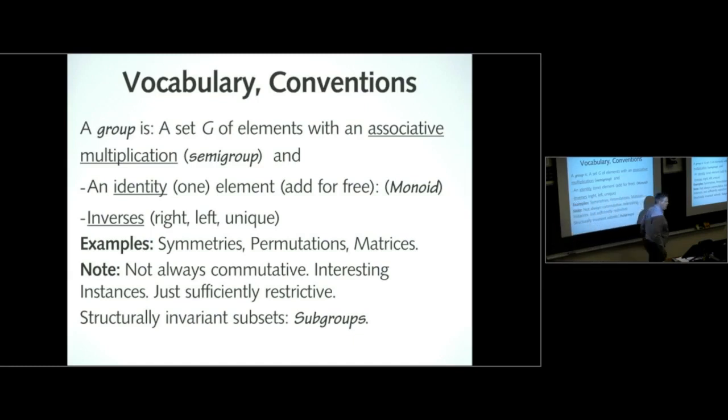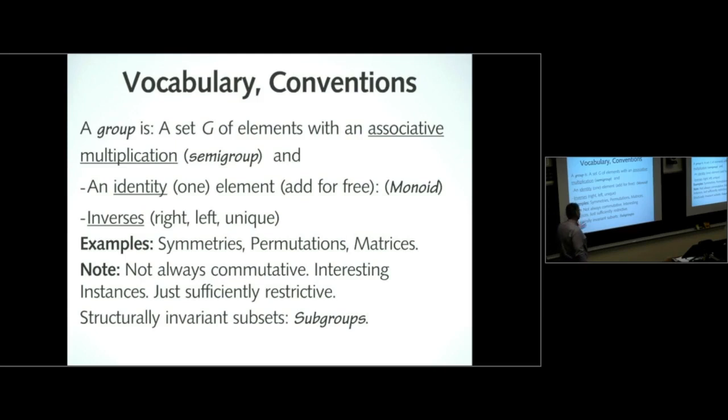Because there are interesting cases: sets of permutations, of matrices, sets of symmetries form interesting structures, interesting both on their own in finding out the structure of these objects, but also because they tell us something about objects. If I know the symmetries of an object, I learn something about the object, or I can use symmetries to reduce the size of a problem.